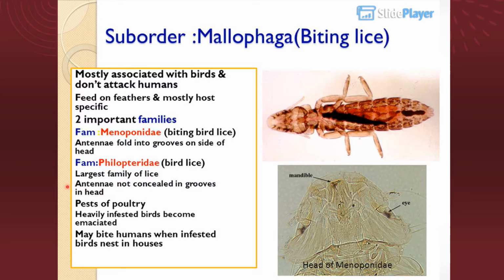They are considered to be pests of poultry, and heavily infested birds become emaciated. They may also bite humans when infested birds nest in houses. This diagram shows the head of the Menoponidae, showing the characteristic feature of this suborder, the presence of the mandible.